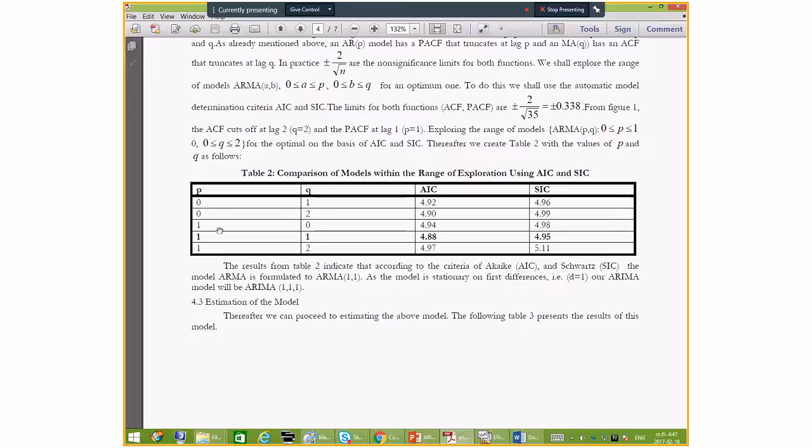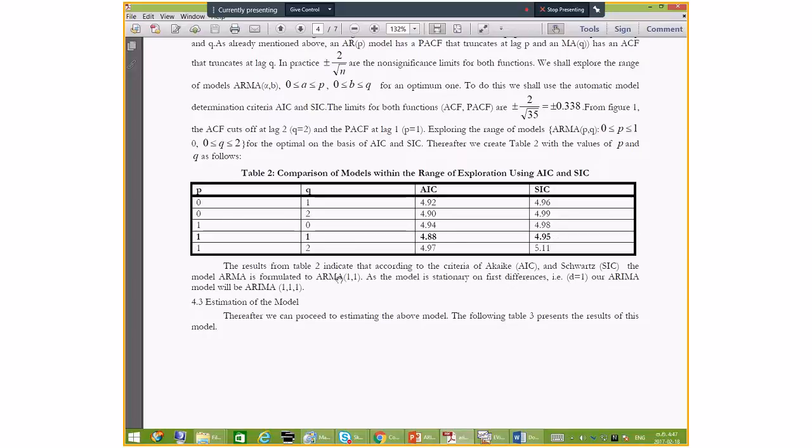For P1 Q1, the Akaike information criteria is 4.88 and the Schwarz is 4.95.